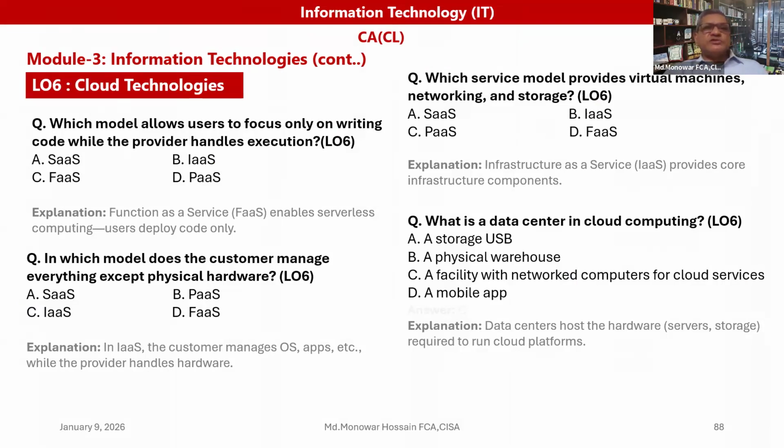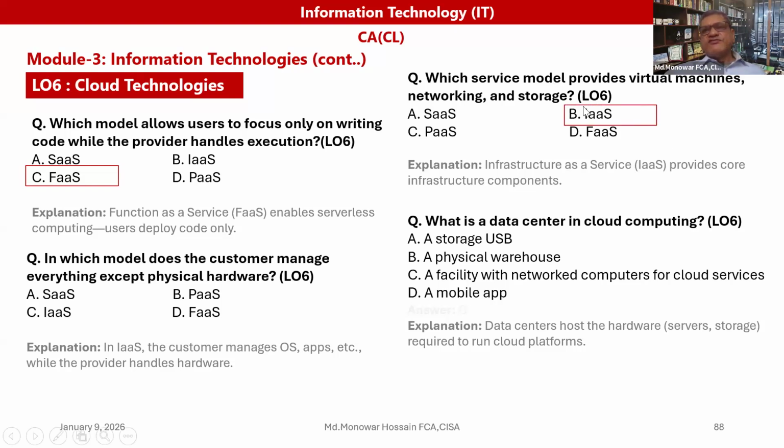Which model allows users to focus only on writing code, while the provider handles execution? So here, function as a service enables serverless computing. Answer C. Which service model provides virtual machines, network and storage?